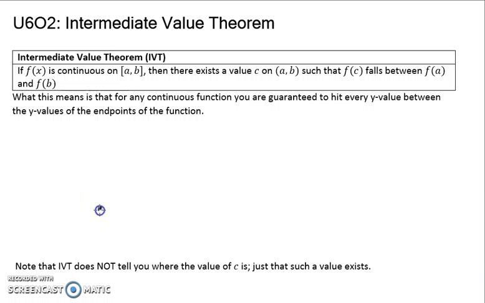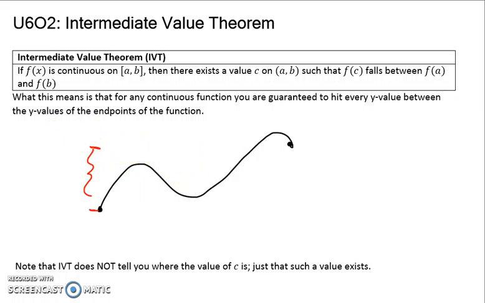So if we take an endpoint here, take an endpoint here, and we connect them in any way that we can think of, as long as it's continuous, we are guaranteeing that every y value from this y value right here to this y value up here is going to be hit on your function somewhere.